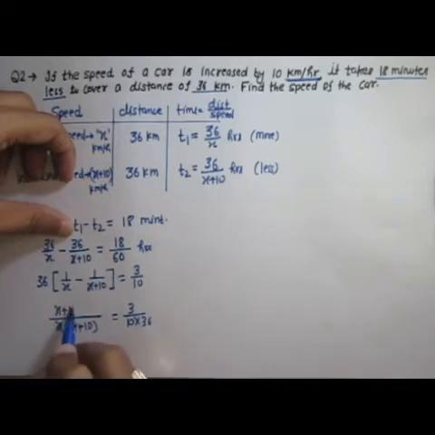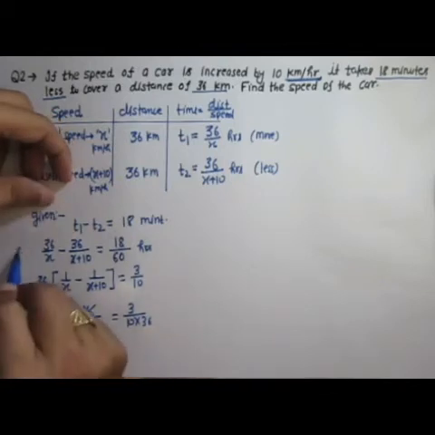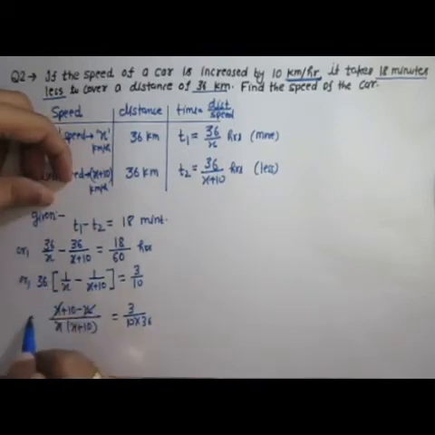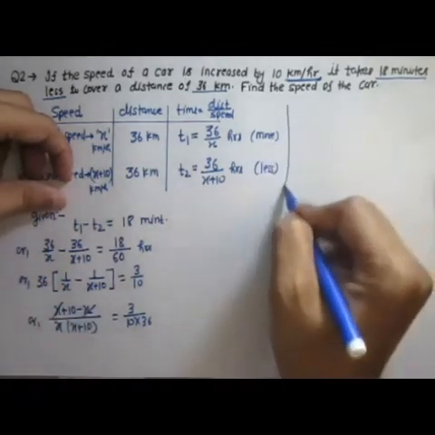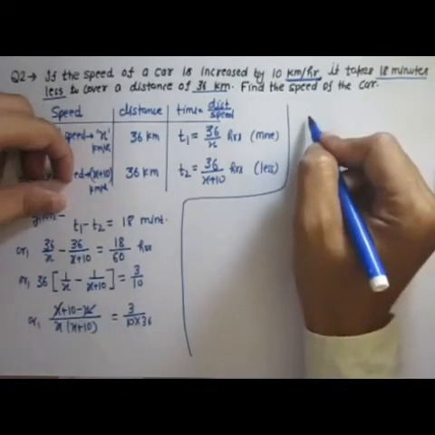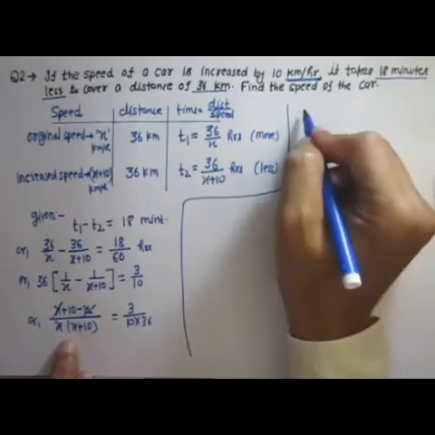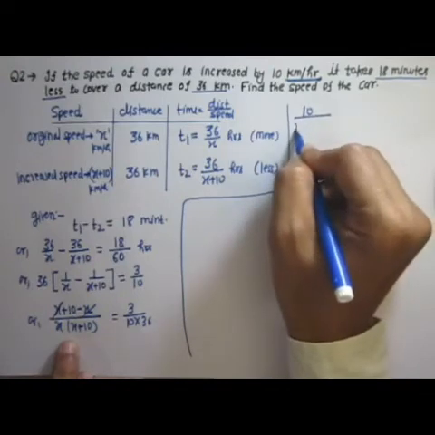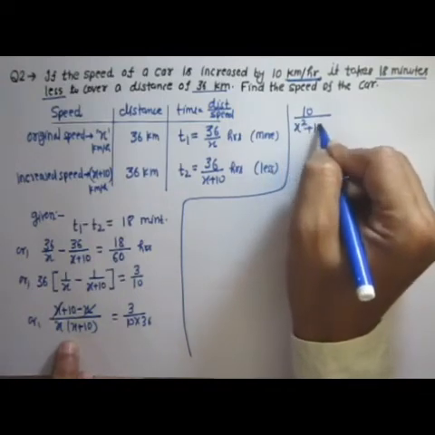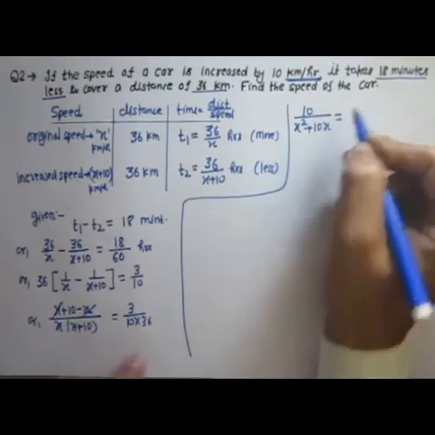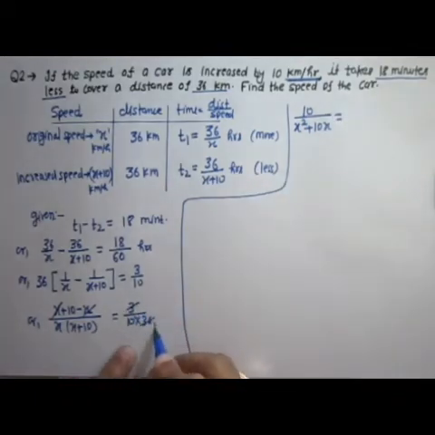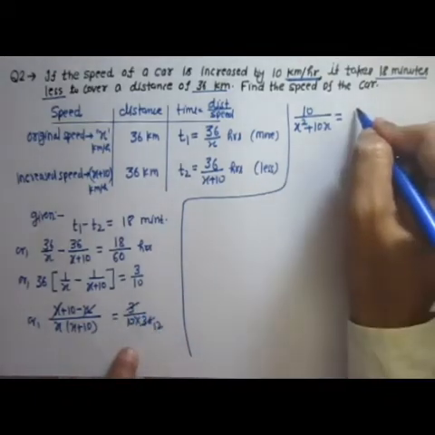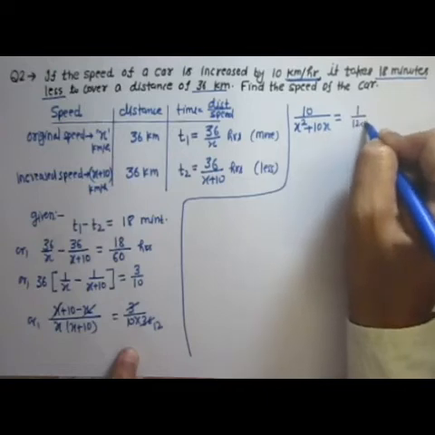So x plus 10 minus x, x cancels. Now it will be 10 by x square plus 10x is equal to, cancel it, 3 by 120, so it will be 1 by 120.